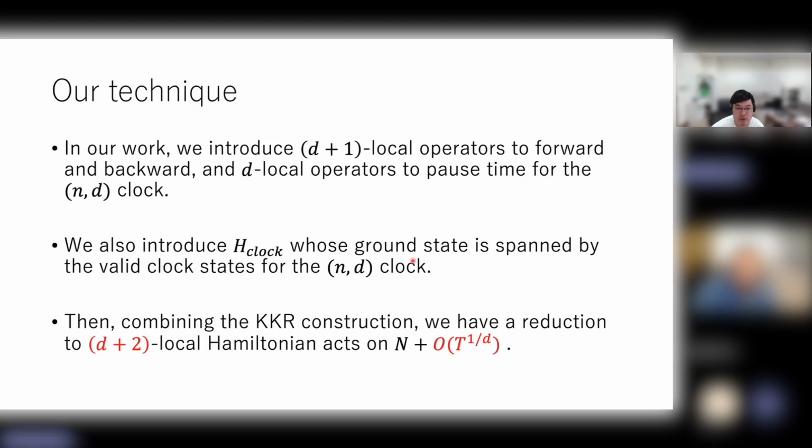We also introduce H clock operators, which give some energy penalty for invalid clock states for the ND clock. Then we combine our clock construction and the Kitaev construction, and we have a reduction from circuit to a D plus 2 local Hamiltonian acting on large N, with size overhead of order N to the 1 over D.